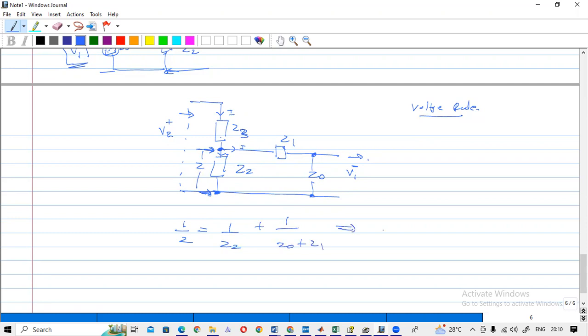So you can find the total impedance Z as Z2 times Z0 plus Z1 divided by Z1 plus Z0 plus Z2, correct?